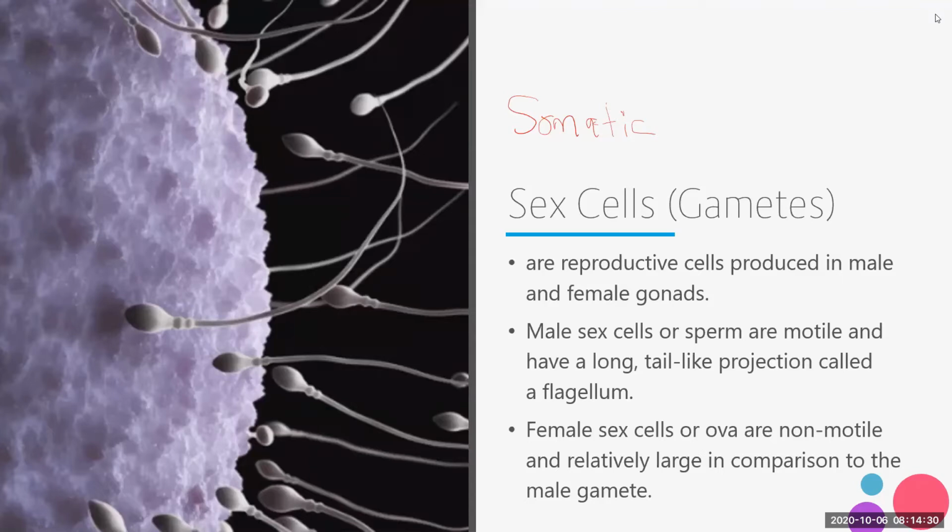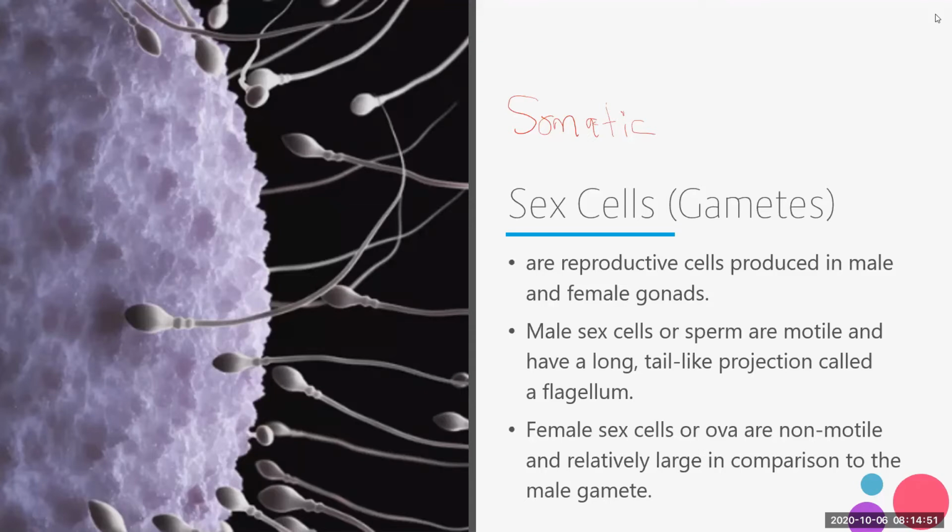So for females naman, we call them egg cells. For egg cells, they are relatively large compared to sperm cells, and they are non-motile, which means they are not capable of movement compared to the sperm.